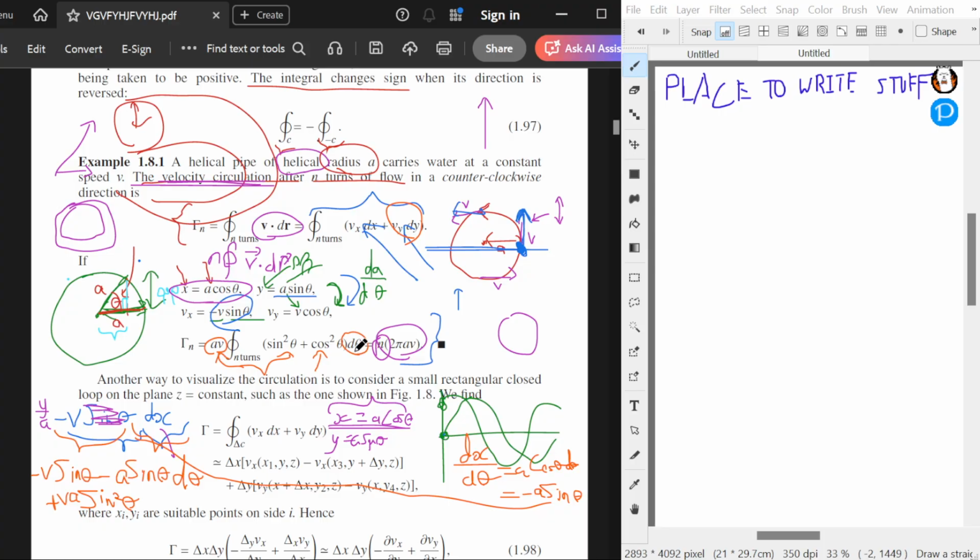And I just realized we haven't really integrated. We just changed the variable of integration. Okay, tools.